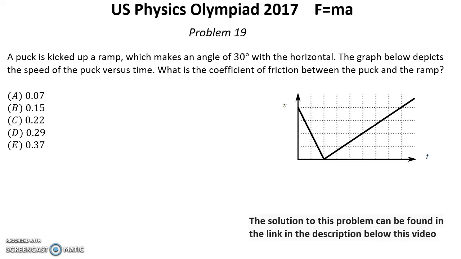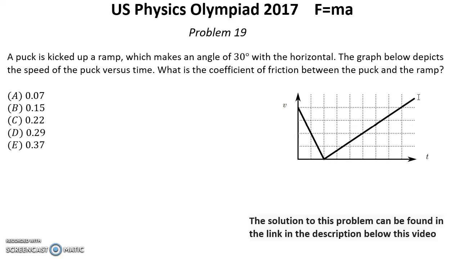Solution for problem 19. Here we have a graph of speed versus time, and from this graph we can find the acceleration on the way up and down. Obviously, the initial part is the part going up, and the final part is when the puck is going down.